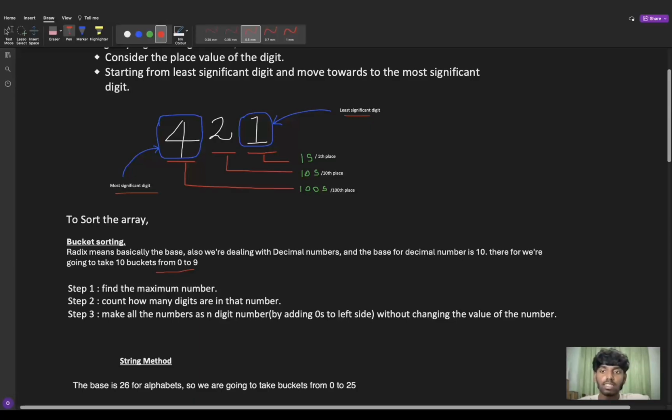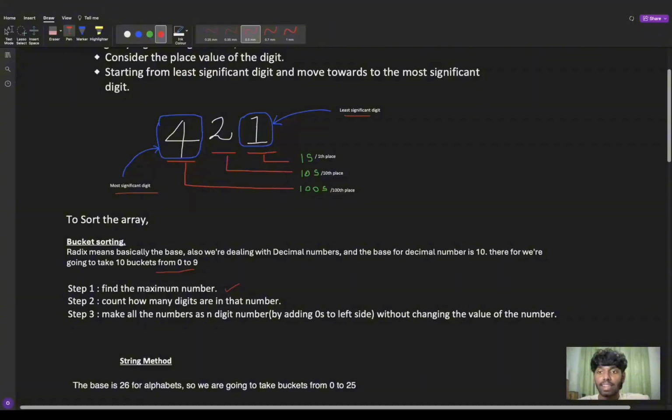The first thing is we have to find the maximum number. For example, just think 421 is the maximum number of some array. Then we have to count how many digits are there in that number. So we got 3 digits in this number.